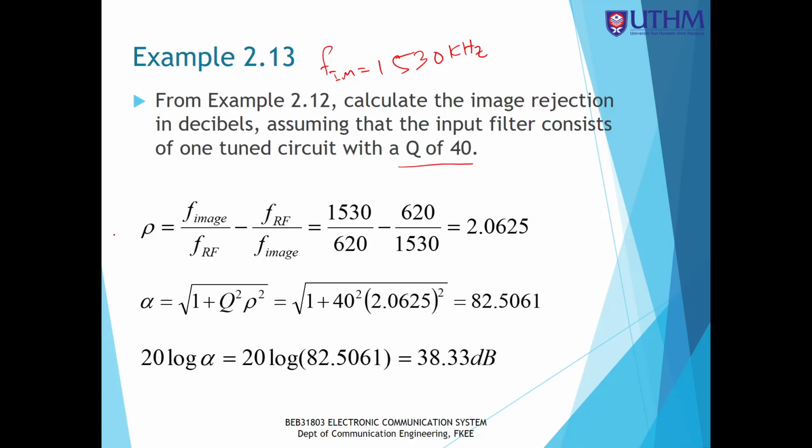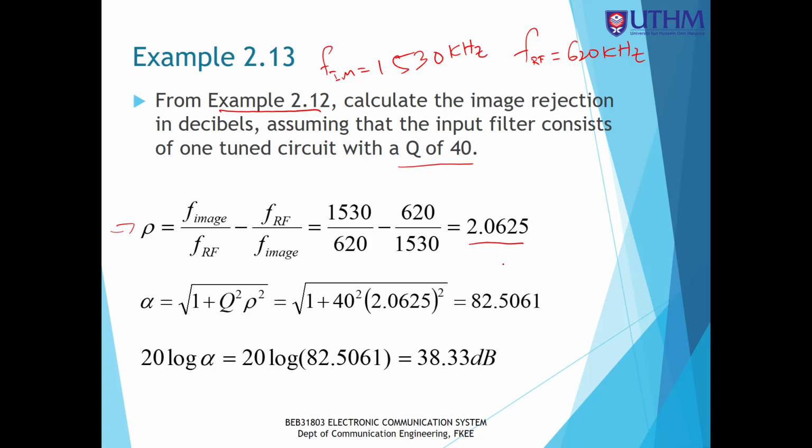First, we need to calculate the rho parameter, which is F image over FRF. FRF is also from the previous example, example 2.12: FRF is equal to 620 kilohertz. So for the rho parameter, F image over FRF minus FRF over F image, we get 2.0625.